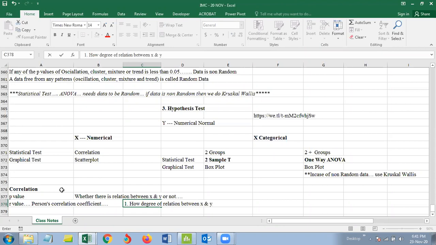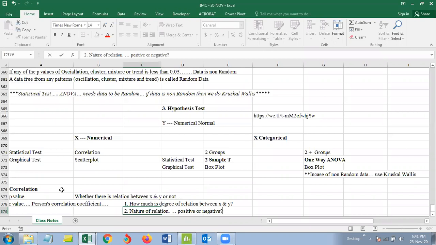Is it a strong relation between x and y? And second, it tells you the nature of relation, whether it's a positive relation or negative relation.